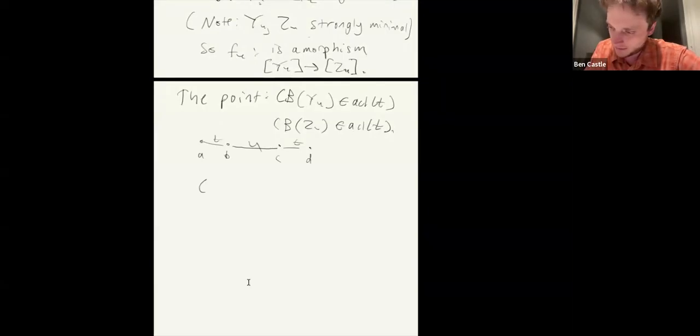Let's look at where AB goes. Let H be the image of AB under WU. So I'm taking my first point here, AB, and looking at its image under passing through the U curve. Well, that's an element of ZU.